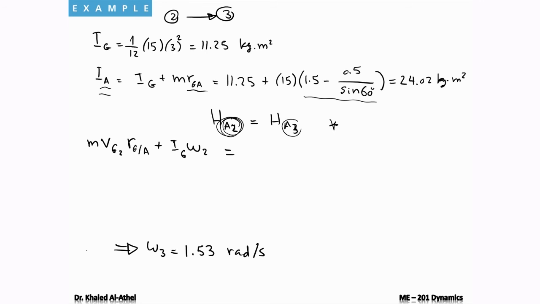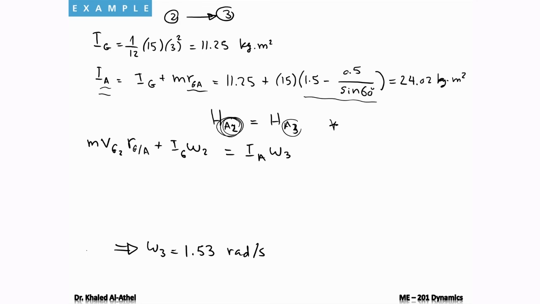Now, in position 3, I don't need to do the same because my center of rotation is the same as the point I'm doing it there. So I can do IA omega 3 directly.